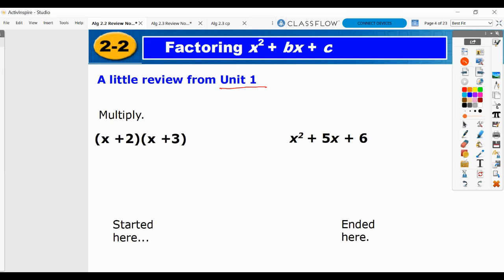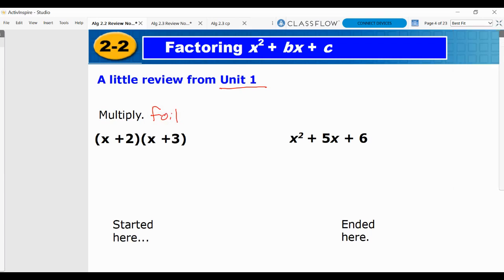We were given two binomials like this here, and we were told to multiply them together, and we did a process called FOIL to make that happen. So just to review, here's how the foiling would work. We would take x times x, x times 3, and then 2 times x, and then 2 times 3. So x times x would get us x squared.